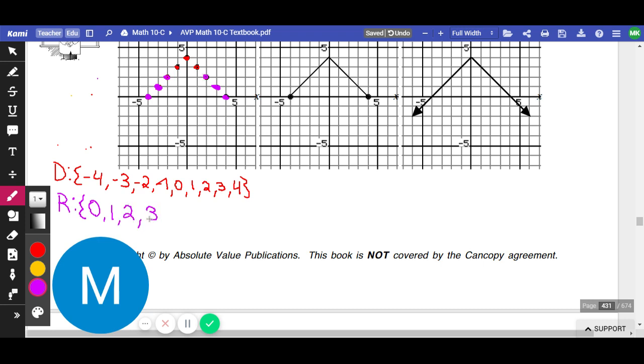Then 3. Then 4. And now I've listed all my possible y values for this question. It's a little tricky to do graphs that are discrete. We don't do it very often, but it is possible.